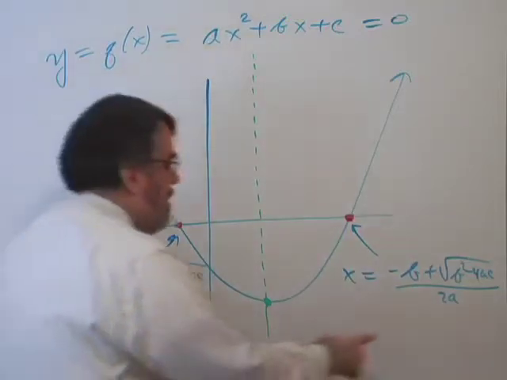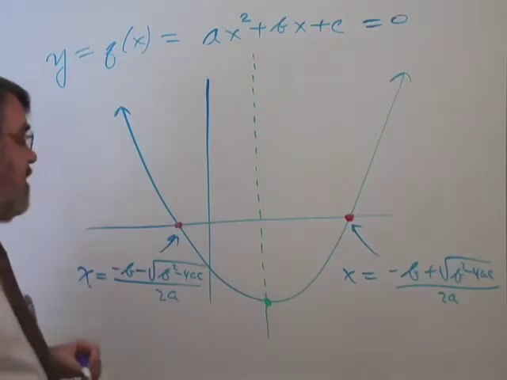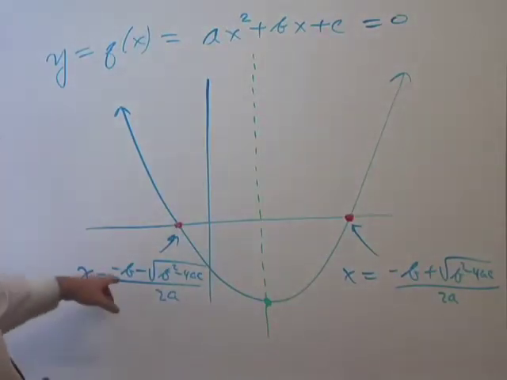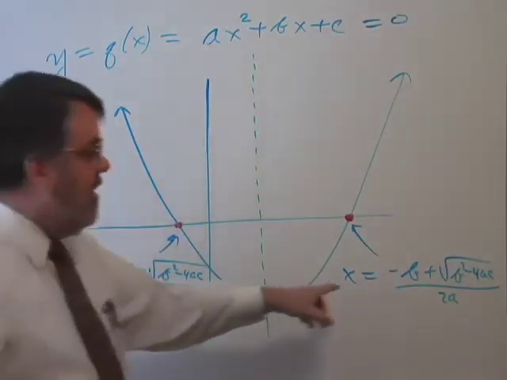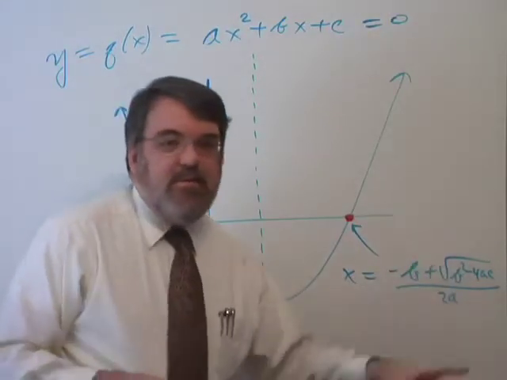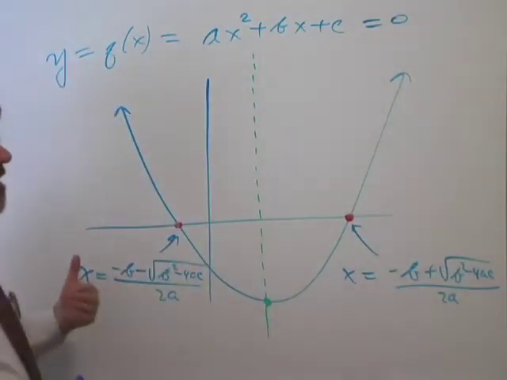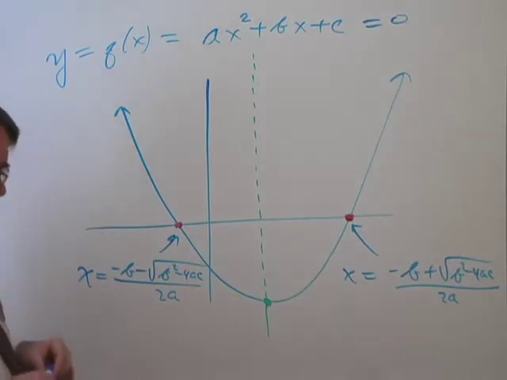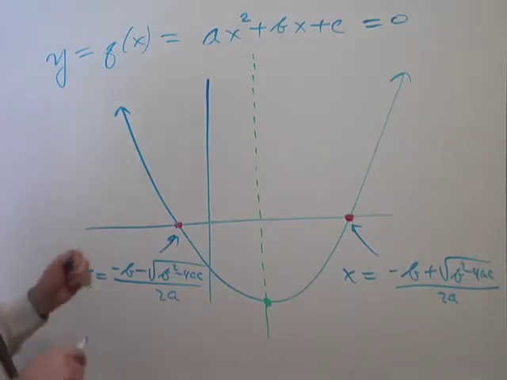Here's the negative square root, and that will cancel with a positive square root. So if I add those together, I get minus b over 2a, and another minus b over 2a. If I divide that by 2, then I get minus b over 2a.